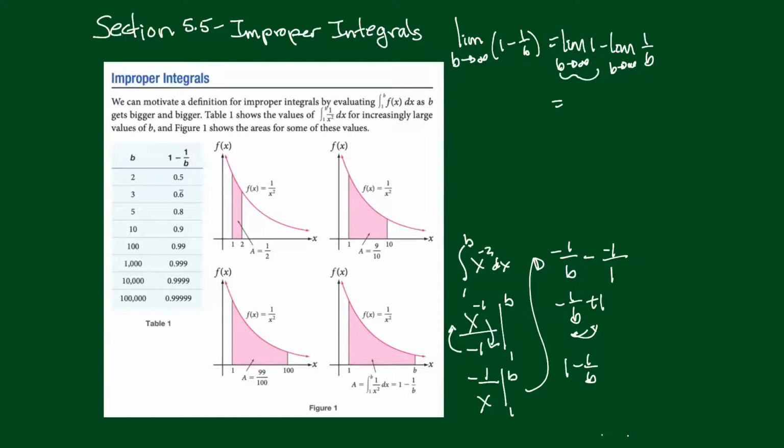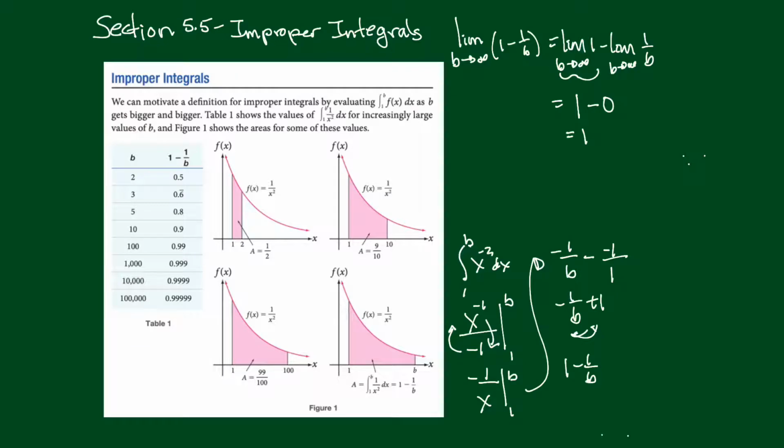This is just 1, right? As b goes to infinity, 1 is just 1, minus, well, as b goes to infinity, 1 over b is a fraction. As the bottom gets bigger and bigger, the whole fraction gets smaller and smaller and goes to 0. So that thing turns out to be 1.